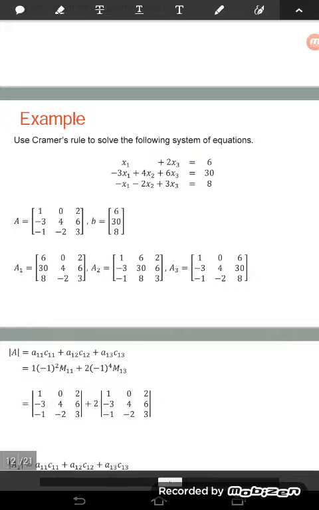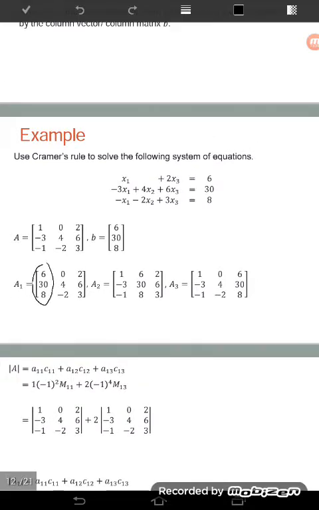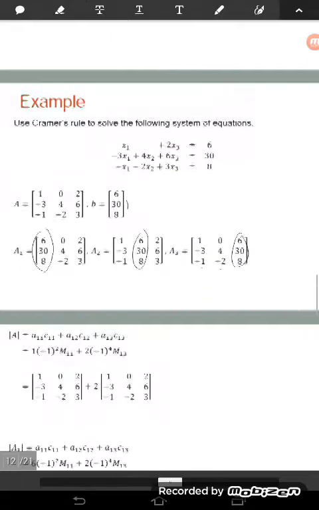For matrix A2, we replace matrix B into the second column; the first and third columns are the same as the original. And then A3, we replace matrix B into the third column. The first and second columns are the same as the original.